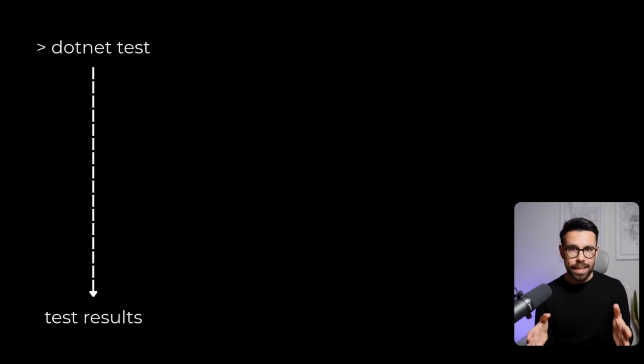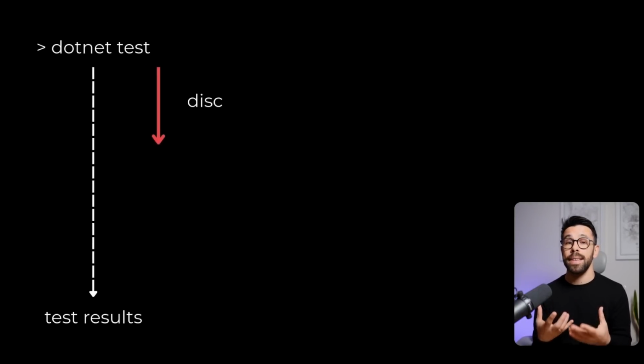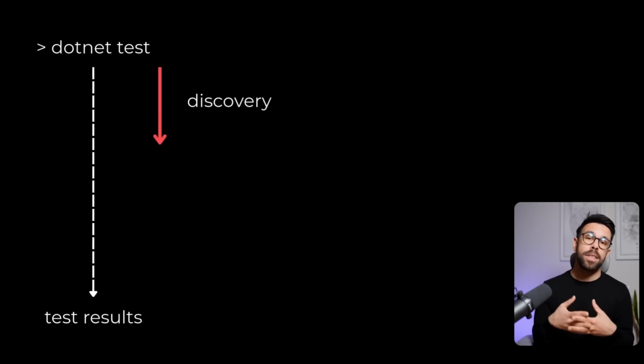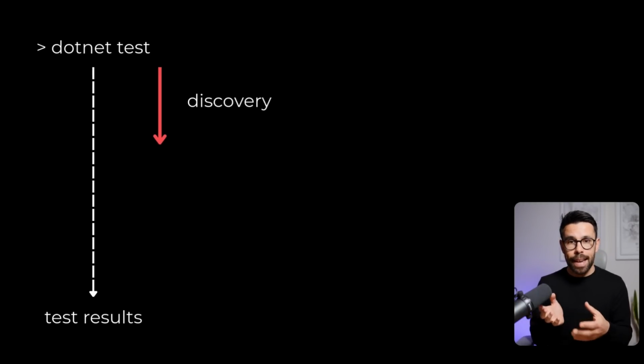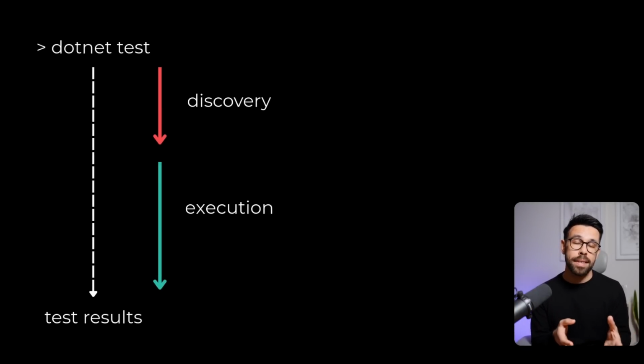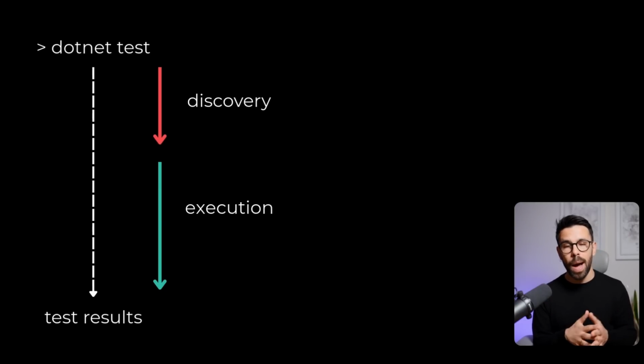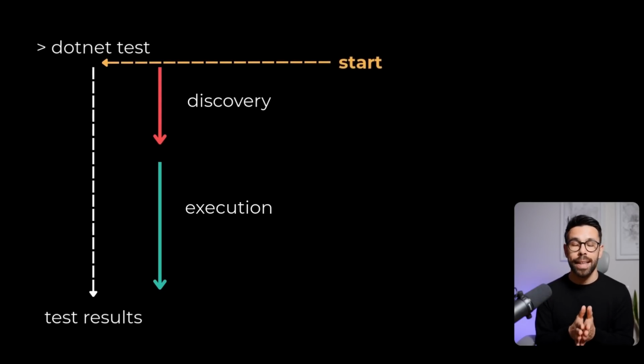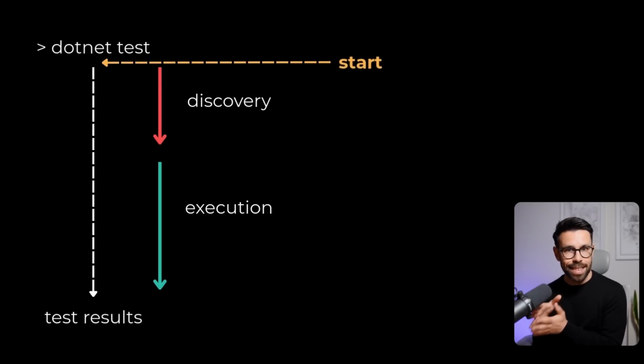But that test execution has several stages. There's one first stage where xUnit will run a test discovery moment, and then it will start executing the tests that it discovered. What if I wanted to run code right before the test discovery phase? That now is possible. Now you have a moment where you can inject code for that startup phase.